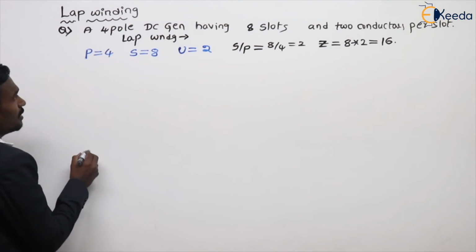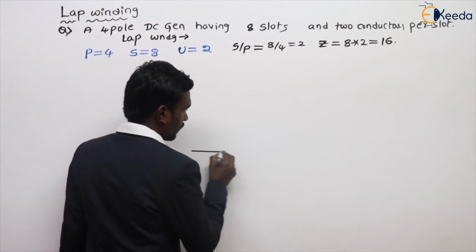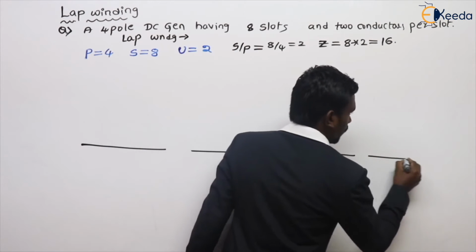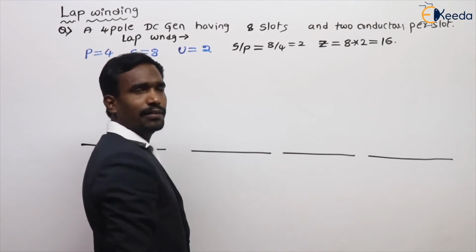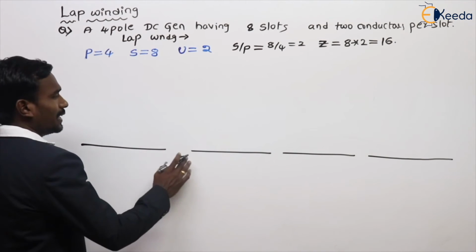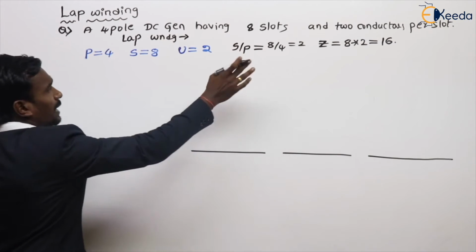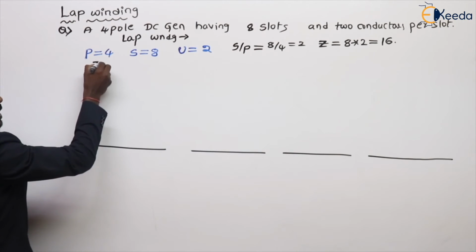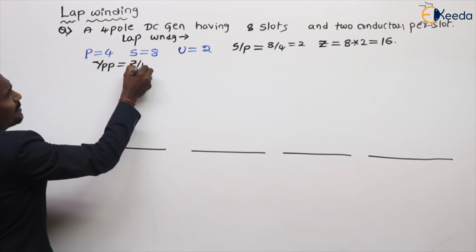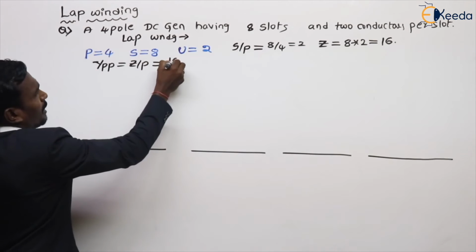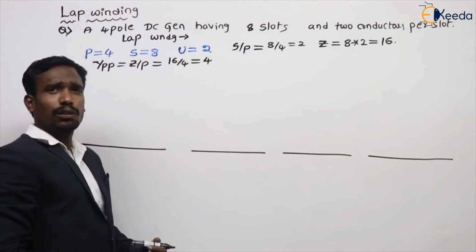So let's see here. I have 4 poles. Is it okay? Clear up to this? I said already, the number of conductors per pole is called pole pitch. Pole pitch is equal to Z by P, the number of conductors per pole, that is equal to 4.